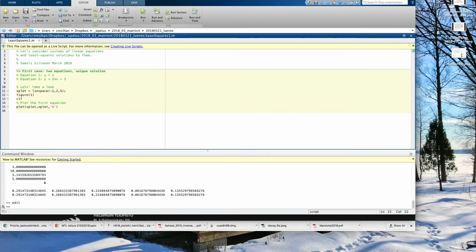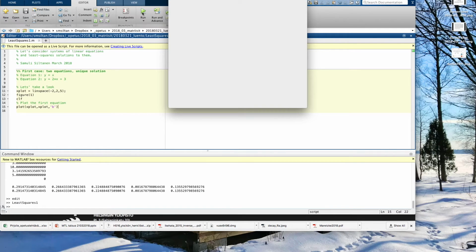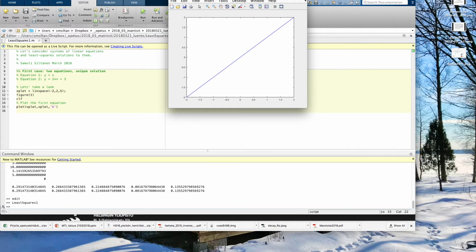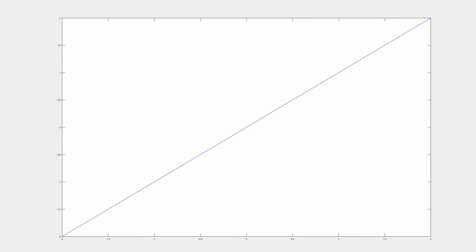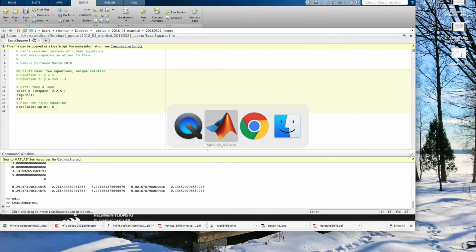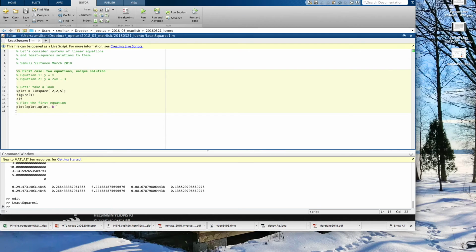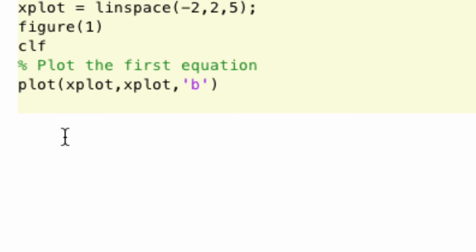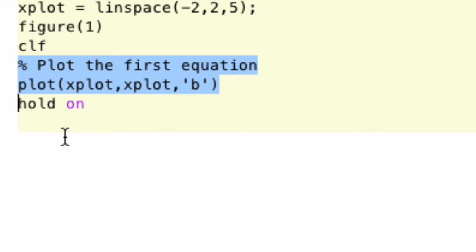Let's see what happens when I run this. All right, we have our linear equation there, or the graph of the linear function we are looking at. And then we need to put hold on so that the previous plot stays, and we plot another one in the same picture.